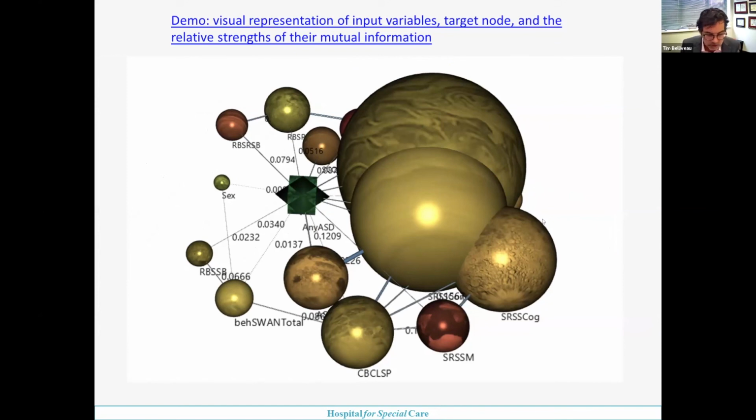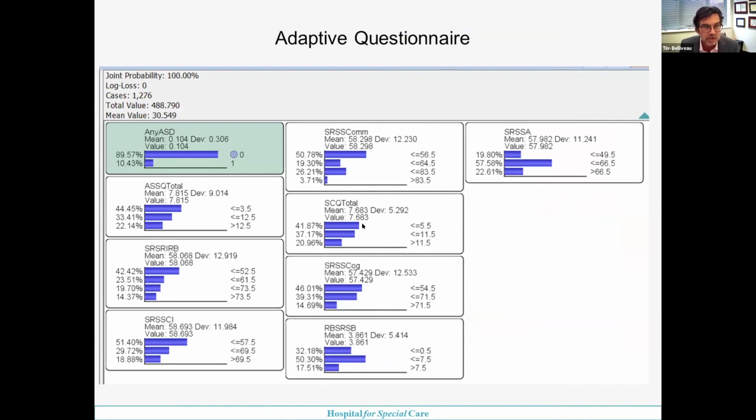So without going into the software, I want to leave some time for questions and also not run over into our next speaker's time. But this is how it does with developing a preliminary network for the presence or absence of autism. And where we're going with this is the idea of developing a user interface for the practicing clinician, where on this particular monitor, we have a graph which represents the presence or absence of autism, or the probability of one versus the other.